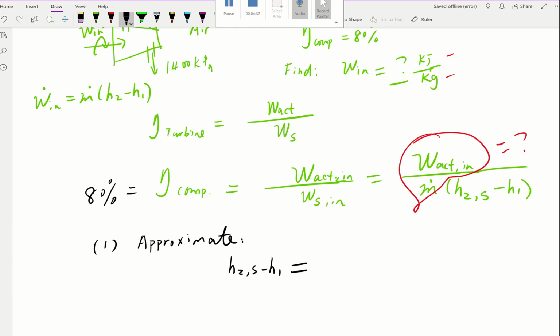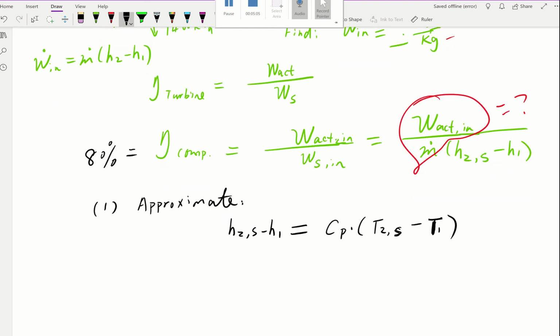For an ideal gas, that's going to be Cp times (T2s minus T1). Finding entropy change is another topic. T2 is going to be, if it's an isentropic process, T2s, right? T1 is the original temperature, that stays constant. T2 is going to be different if it's isentropic or if it's the actual situation.